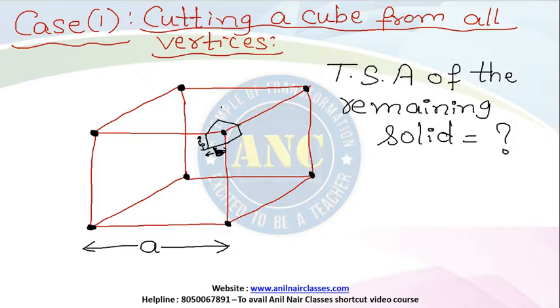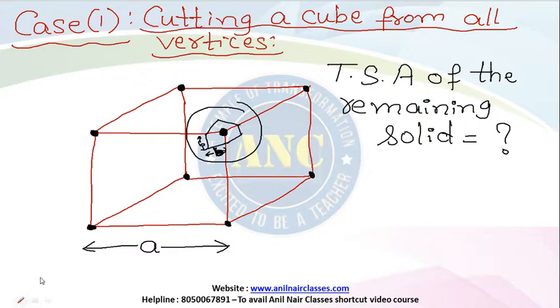Suppose I remove a small cube from each vertex. This is one of the vertices I have considered right now, and this is the small cube I am referring to. If I remove a small cube from each vertex, then what will happen? If you observe carefully, I will lose 3 surfaces from the original bigger cube.